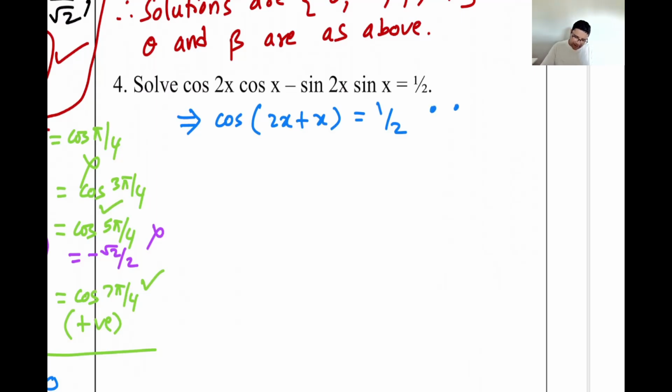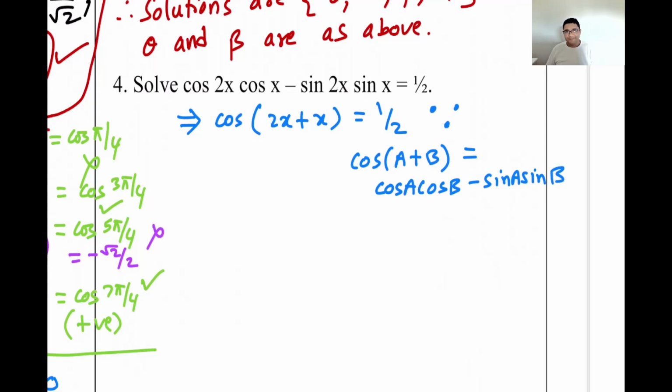I'll write that as the reason, because cos A plus B equals cos A cos B minus sin A sin B. We're using that identity. So cos of 2x plus x in this case.